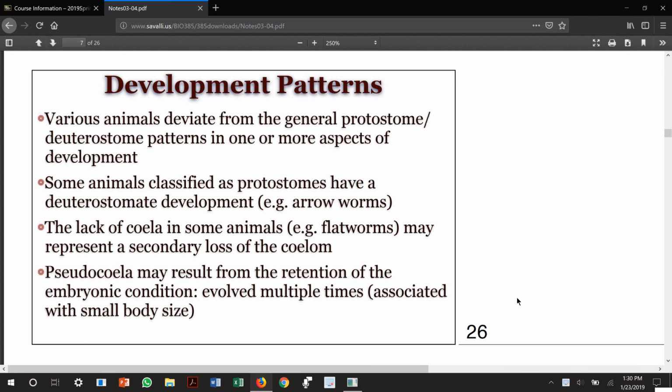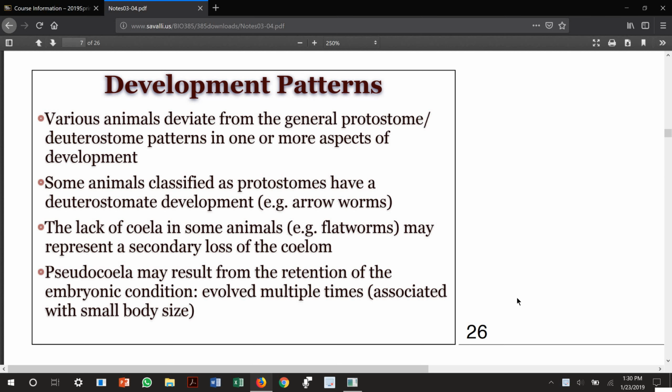And so some animals lack coela, the most famous being flatworms, the platyhelminthes. Their closest relatives are maybe things like gastrotrichs or rotifers, which tend to be pseudocoelomate. And so the fact that they're acoelomate probably represents a secondary loss of the coelom.